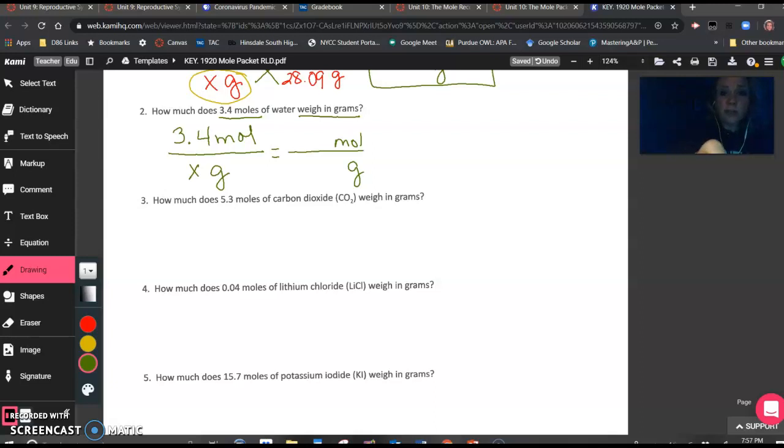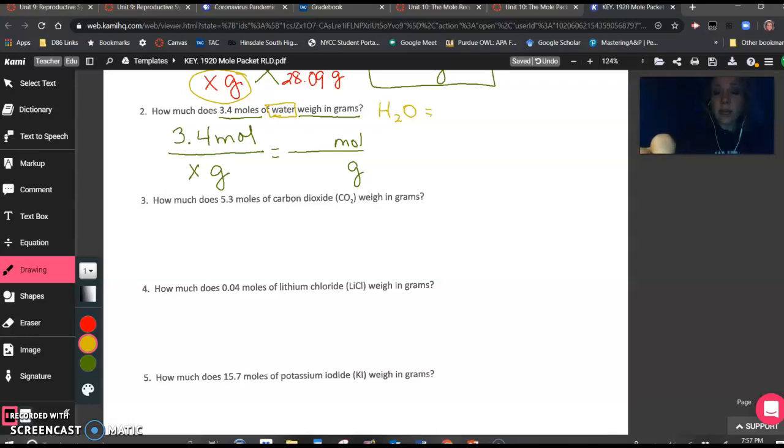Well, first I have to go back to my problem and see what substance I am working with here. In this problem, I'm working with water. We all know already that water has the chemical formula H2O. In order to put anything into this fraction, I first need to find the molar mass of water.